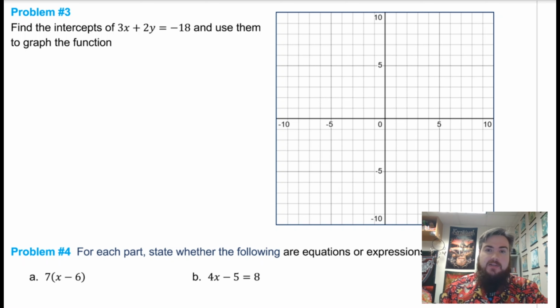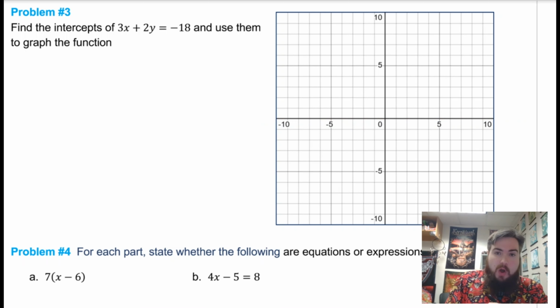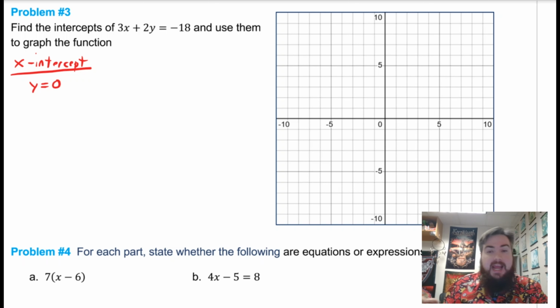To find that, we're going to keep in mind that if you're going through, for example, the x-axis here, that means that your y-coordinate there must equal 0. So to find the x-intercepts, we will plug in y equals 0 and see what we get from there.